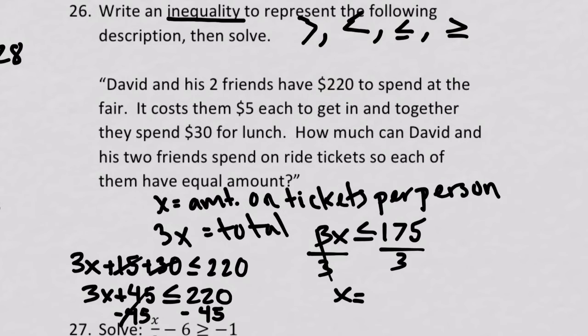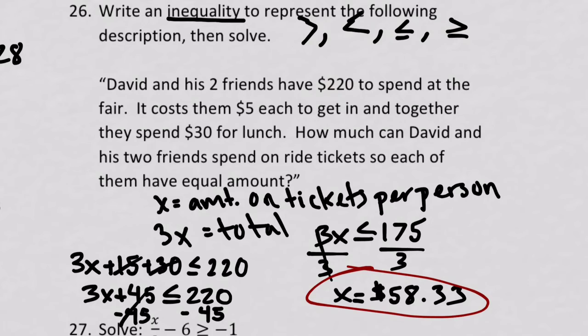It's going to be 3 times 5, 15, and 25. It's going to be $58.33. We're talking about money, so we're going to go to two decimal places. There you go. Each of them can spend $58.33 on tickets so that they don't go over their $220 that they have to spend.